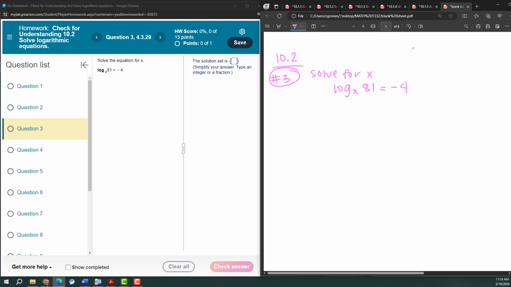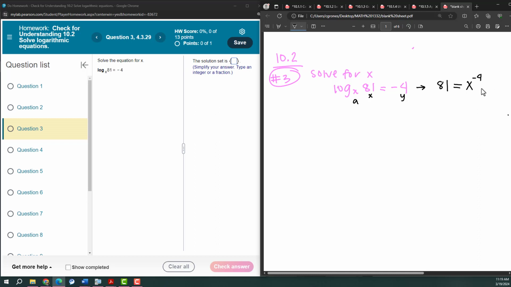So remember what we were looking at. X is going to be our base. 81 would be our x, and -4 would be our y. So we have 81 equals x to the -4th.